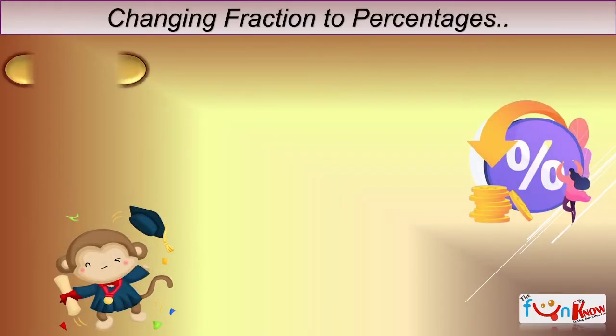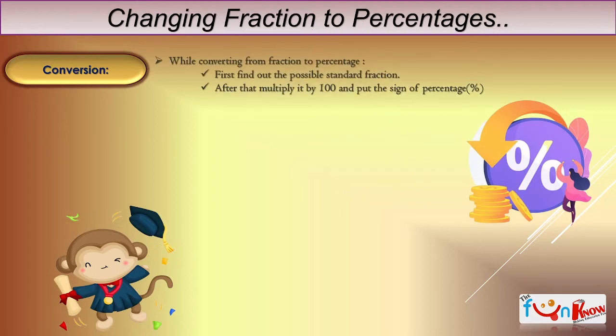Now students, let us understand fractions, changing a fraction to a percentage. So if a fraction is given to you and you have to convert that fraction to a percentage, there are some rules you have to follow while converting from fraction to percentage. First, find out the possible standard fraction.